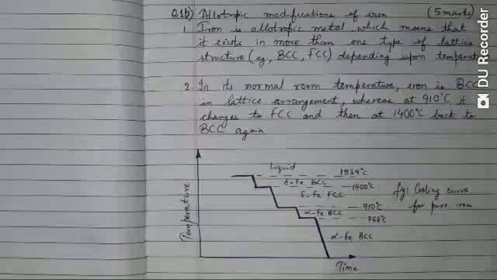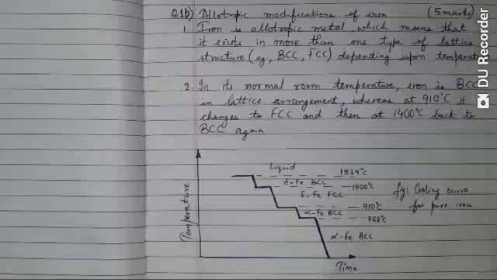The same thing has been represented in this diagram: BCC up to 910 degrees Celsius, then it becomes face centric, and then again at 1400 degrees Celsius it becomes BCC.